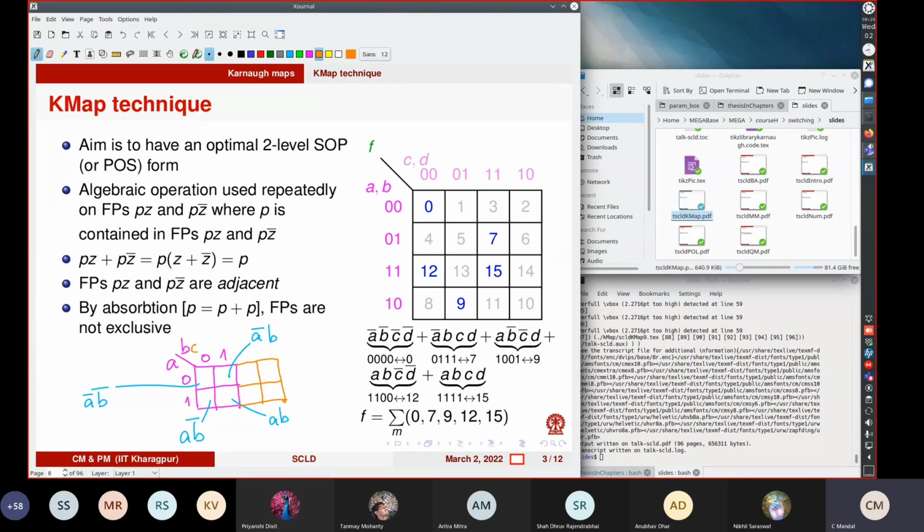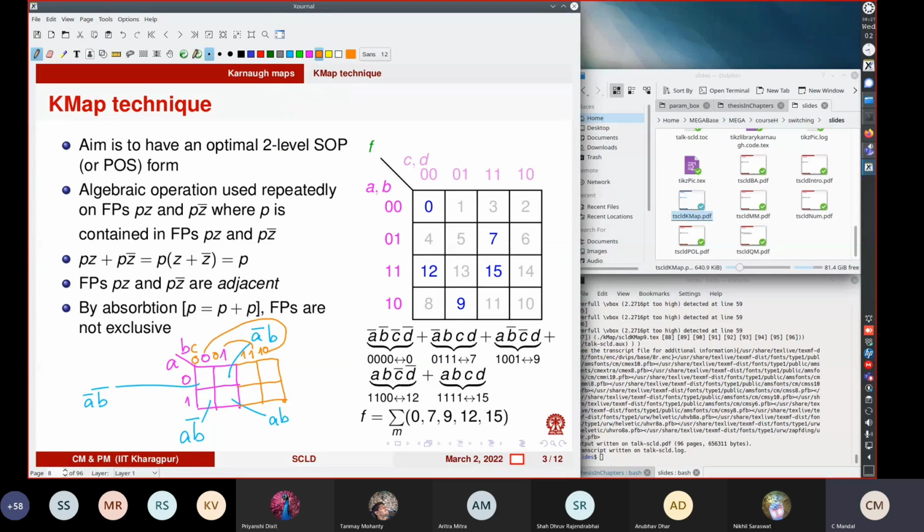I'm putting 0 here, and 1, and this I reflect, just like Gray code. Put a 0 here.